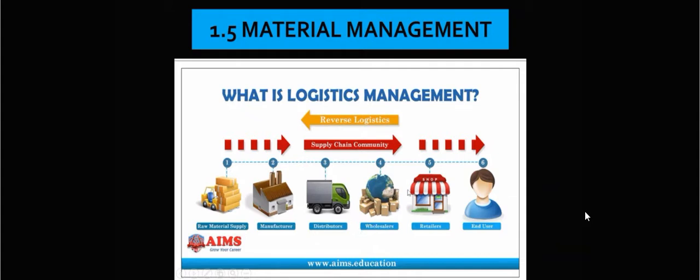Lepas kita dah hantar kepada pemborong, kita hantar kepada retailer, peruncit dan akhirnya kepada pengguna. Right? Kalaulah the other way round, when we talk about reverse logistics, it will begin with the end user to the retailers, back to the wholesalers, back to the distributors, back to the manufacturer, and finally back to the raw material supply. Right? This is what material management is all about, yeah?